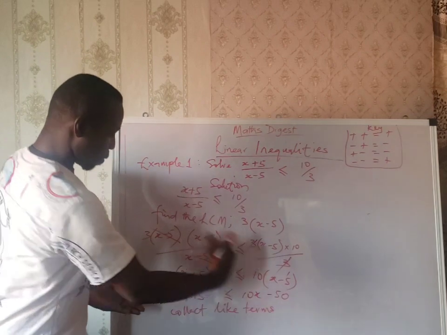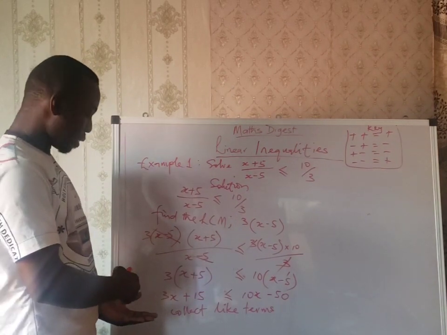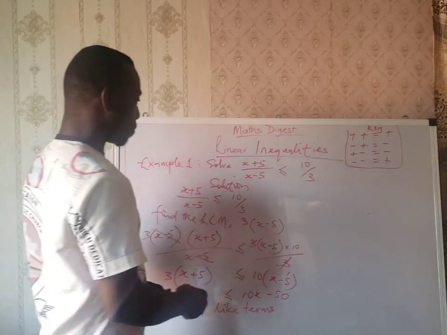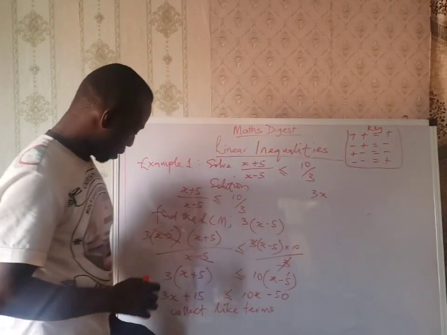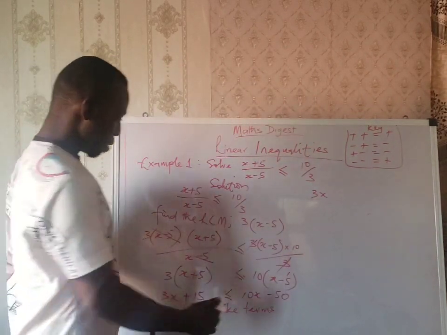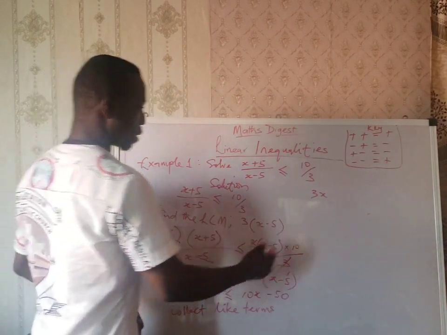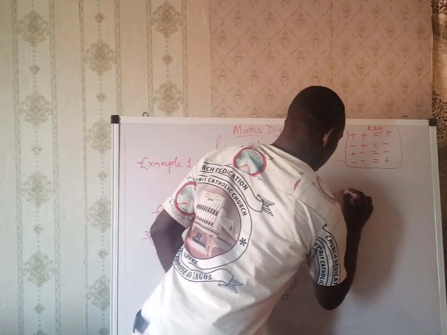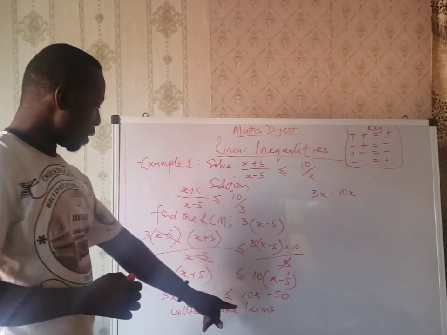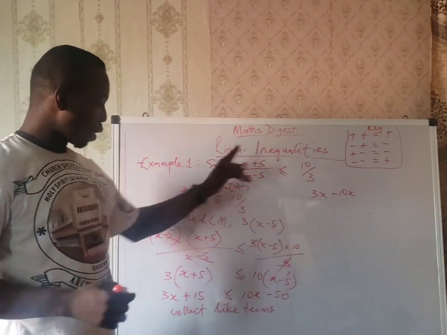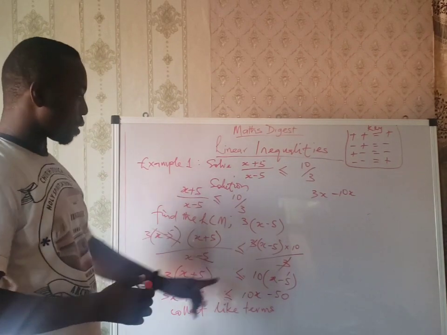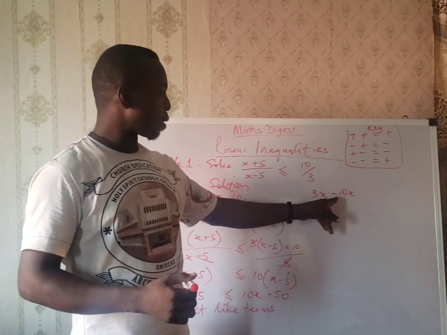We can choose to bring them over to the left-hand side. Doing that, we have 3x that is already existing here, and bringing the 10x over to this place, crossing the equality sign, it will change to minus 10x.